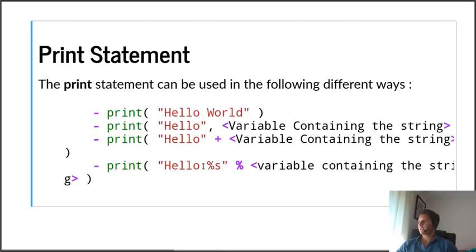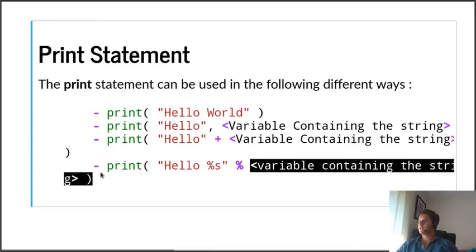And the last way to use the print function, which I think is the most useful one, is to do a formatted string. Here, when you have, for example, %s, it will mean that this variable will be parsed as a string and added to the string itself.